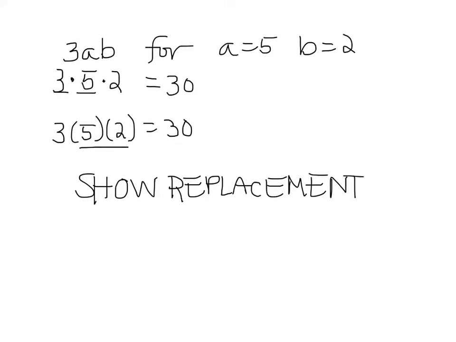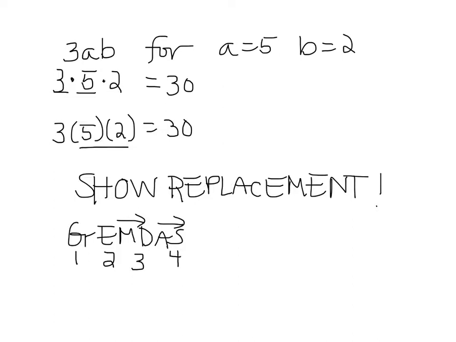And the reason is, in problems that are more difficult, following GrEMDAS is not always clear. As we know, GrEMDAS is our order of operations, where we have 1, grouping symbols, 2, exponents, 3, multiplication and division in order from left to right, and 4, addition and subtraction in order from left to right.